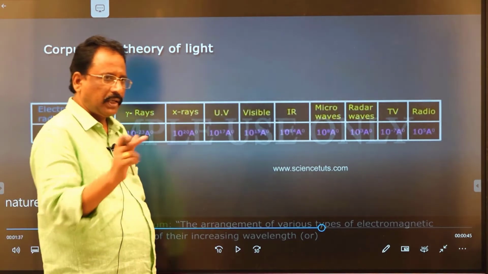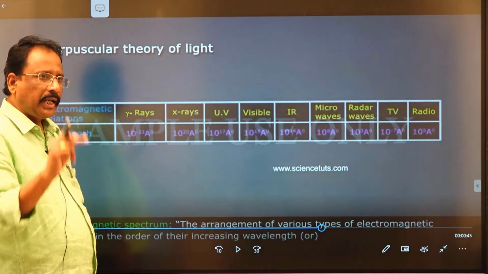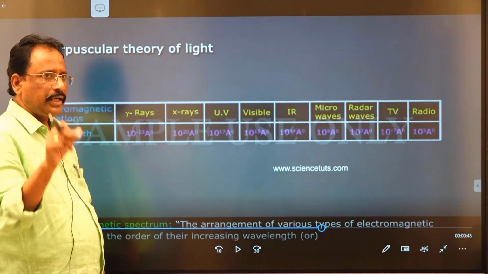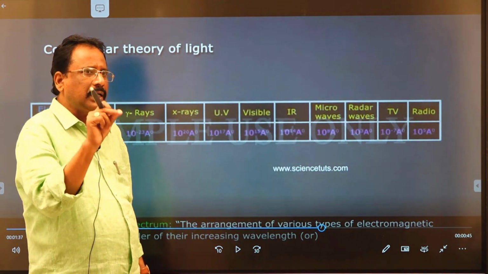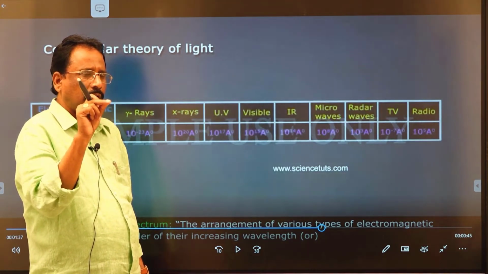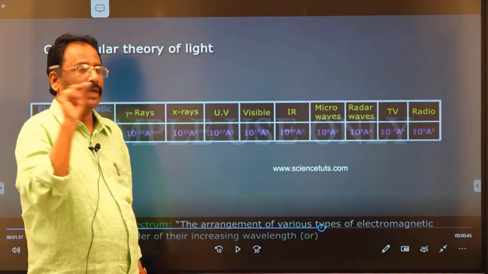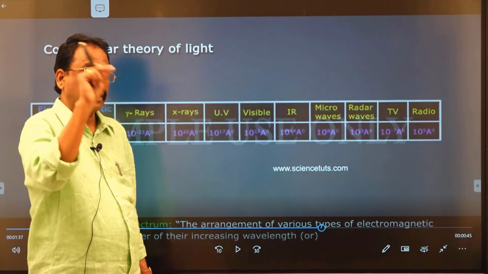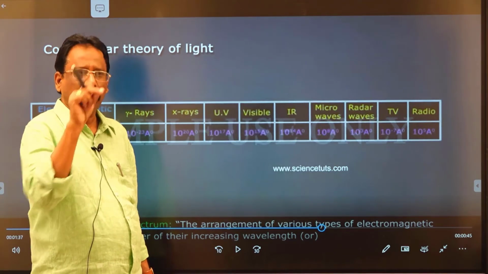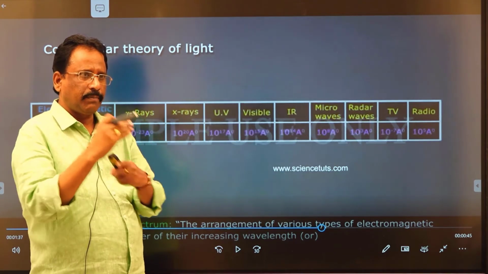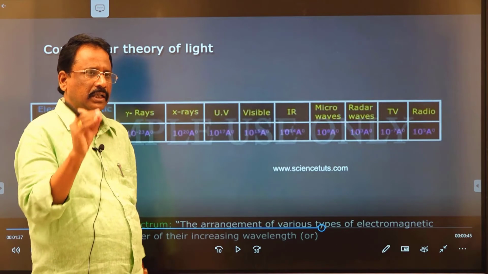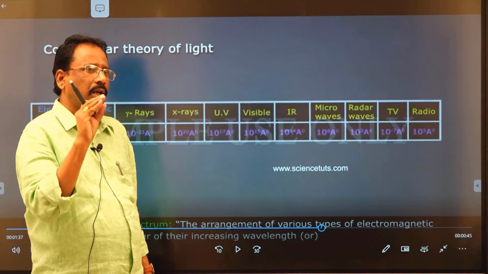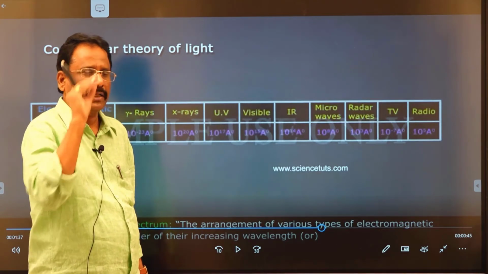And this is corpuscular theory. Corpuscular theory of light is proposed by Newton. According to him, light is composed of a large number of tiny particles, very small particles. Each and every type of electromagnetic radiation consists of a very large number of tiny particles.